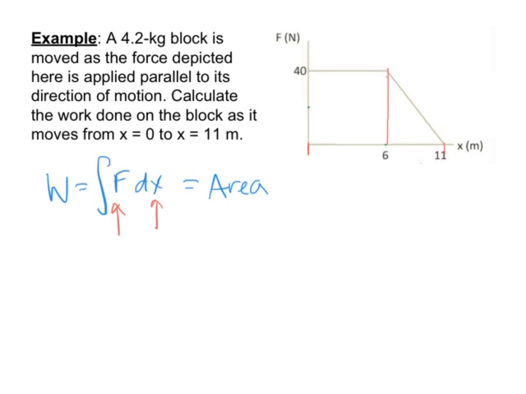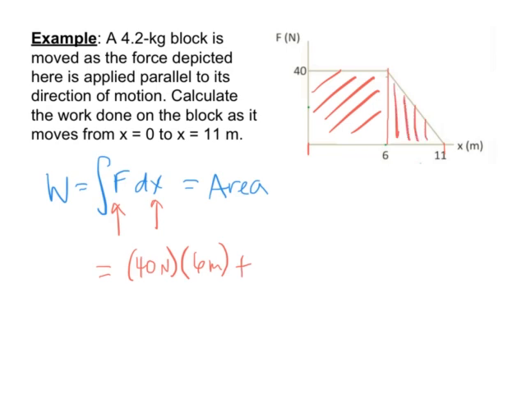So the area of my rectangle that I've marked out here would just be 40 newtons times 6 meters. And then the area of this triangle would be 1/2 times my base times my height. Again, 40 newtons is the height, and the base is 5 meters.